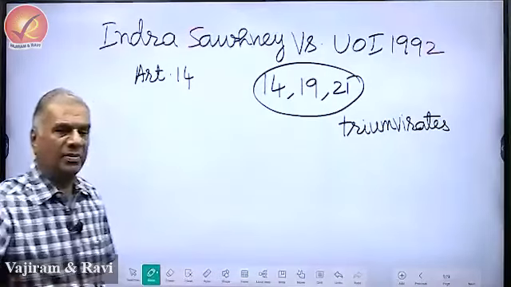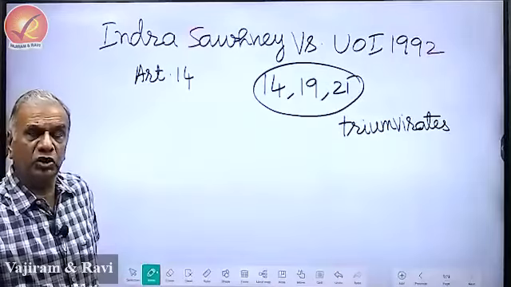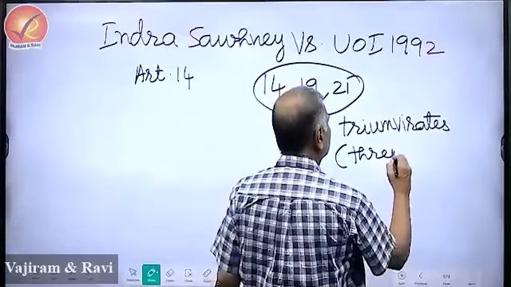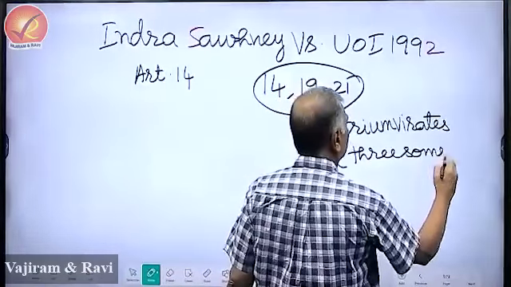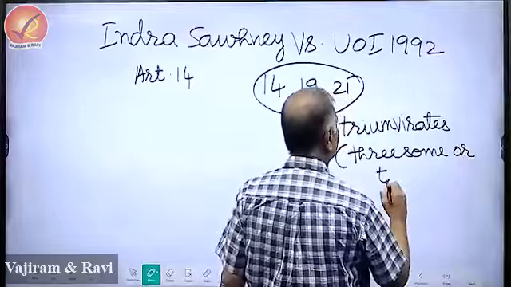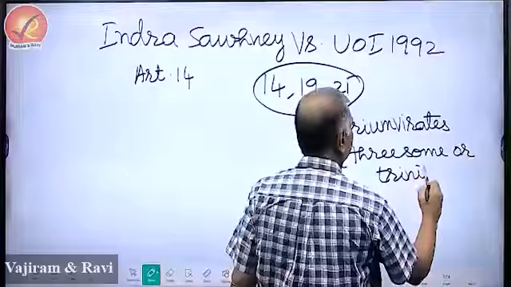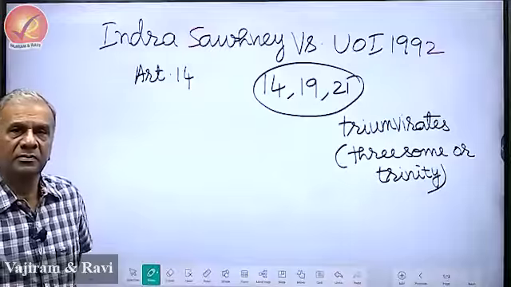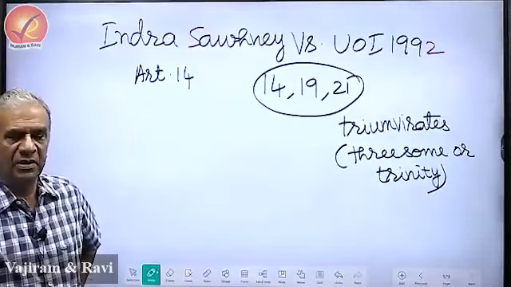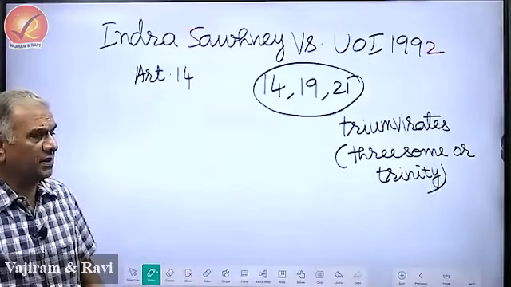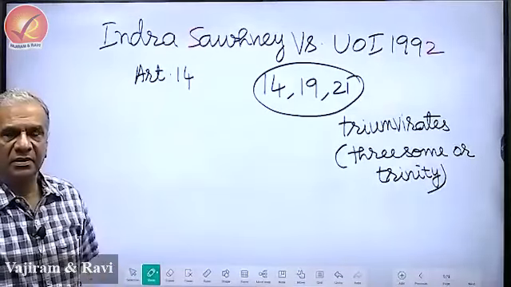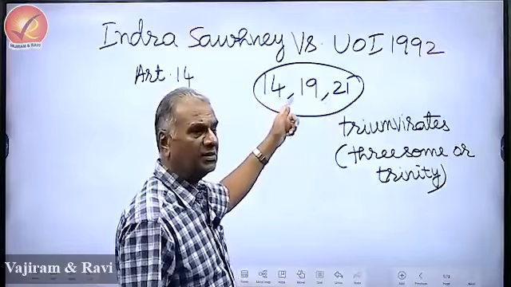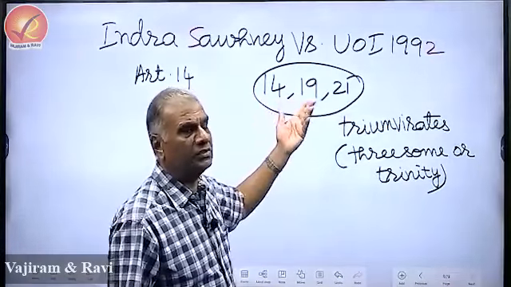Triumvirate means what? A threesome, or trinity, of fundamental rights. So these are the three most important fundamental rights according to the Supreme Court, and Article 14 is one of them.